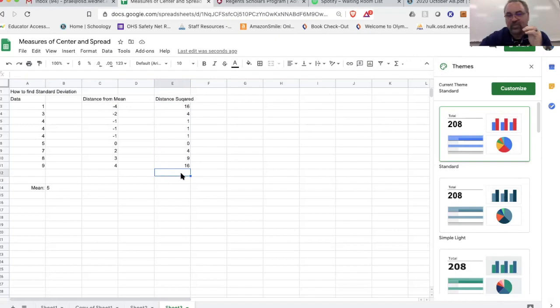Okay. So that leads us to the equation then for standard deviation. Now the symbol for standard deviation is a lowercase s. Okay. And here we go. There's that Greek letter sigma again.